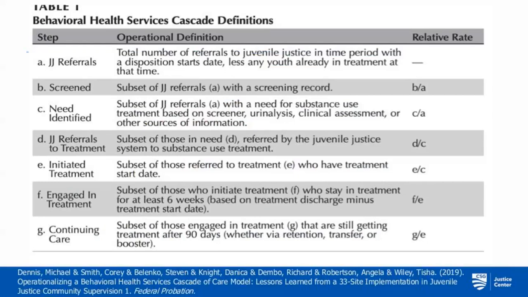So I'm not going to go through every one of these definitions, but I want you to know that they have pretty much operationalized them. And if you look at the relative rate here, they are also showing you a calculation of how you can define what screened means, what needs identified means, what juvenile justice referral means, what initiation, engagement, etc. mean.